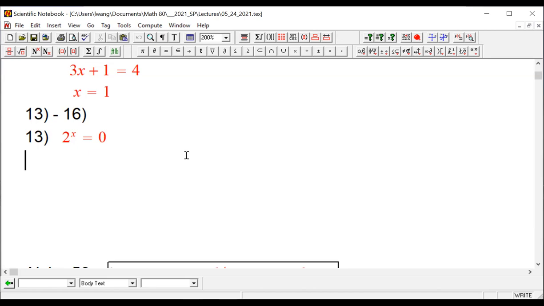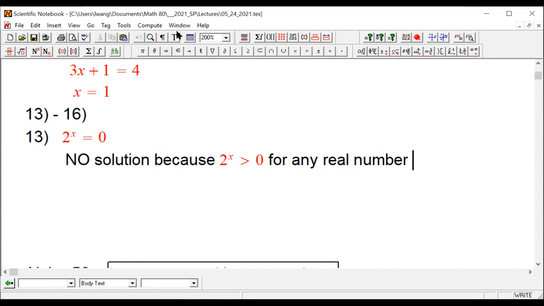Well, we're running out of time, but let me give you the answer. If 2 to the power x is 0, the answer is no solution. Why? Because 2 to the power of x is always positive. Remember when we were doing the graphing, we talked about the domain and range. 2 to the power of x is larger than 0 for any real number x.